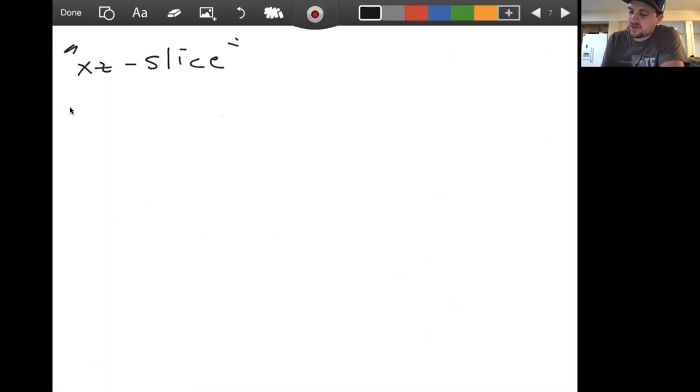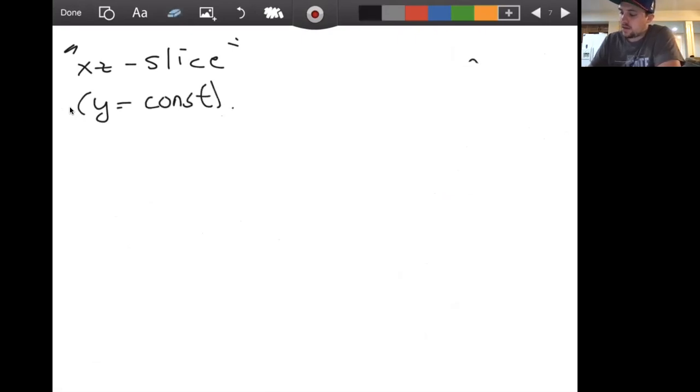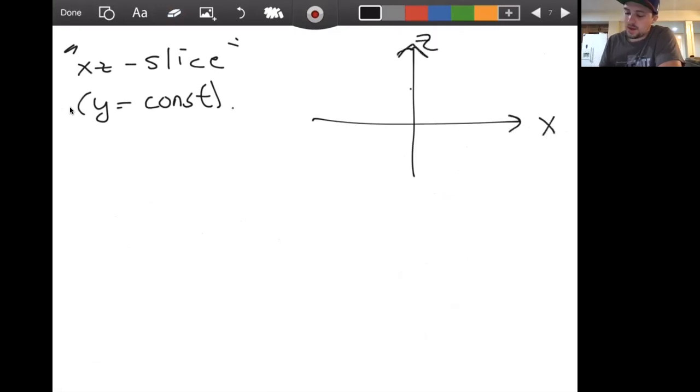An xz slice is when y is equal to a constant. And then we're looking at the xz plane. And so when y is a constant, let's remember what our function is. I'll just copy it.